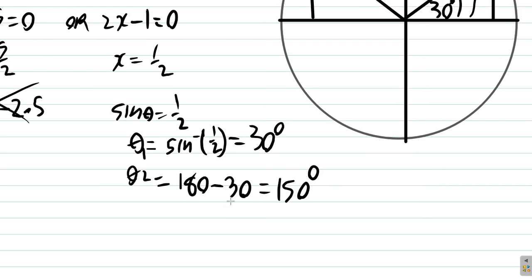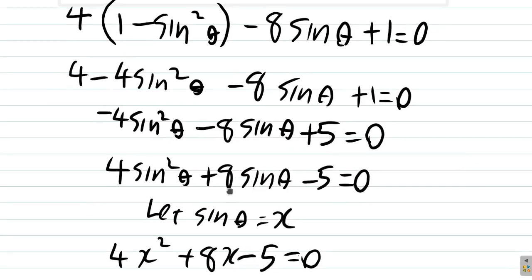So, therefore, these are the two angles. If you're limited to between 0 and 360, then these are the two angles that give you half when you find your sine: sine 30 and sine 150. So that's the answer to our question up here.